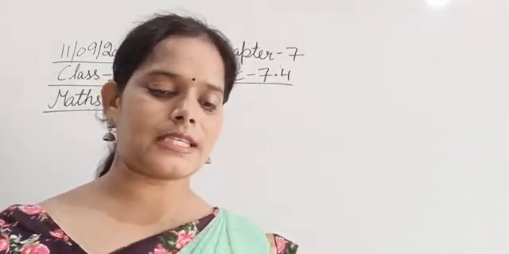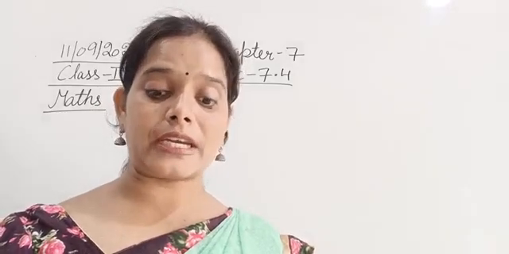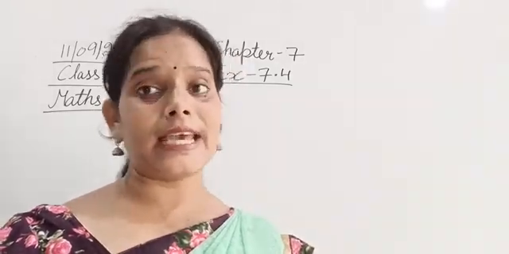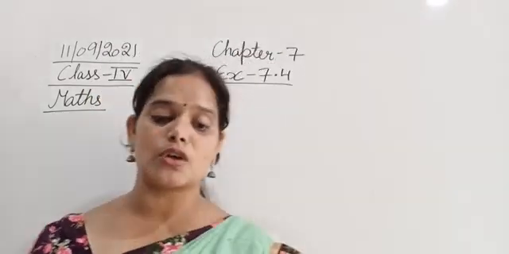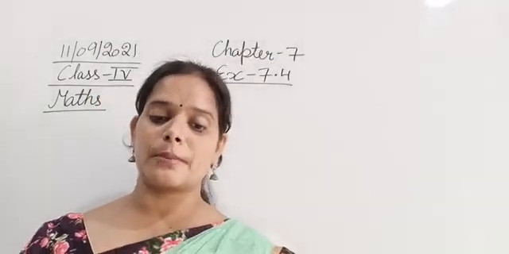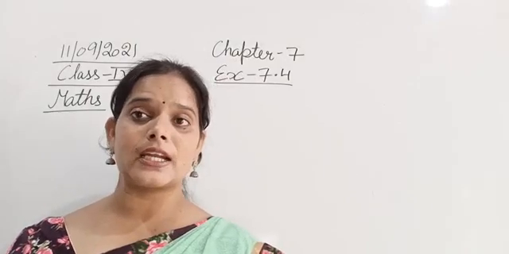The question is, find the multiples of 4 which are greater than 20 but less than 32. So we have to find the multiples of 4. हमें 4 के multiples find out करने हैं जो कि greater than 20 but less than 32.